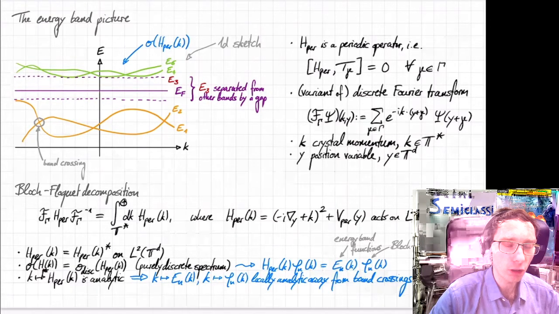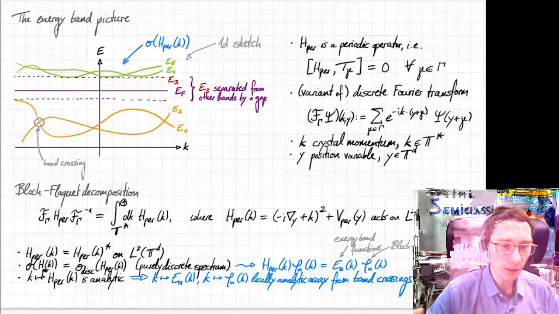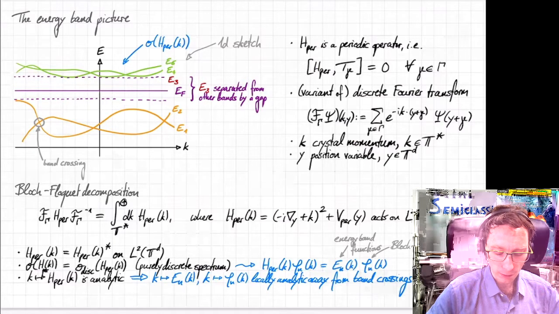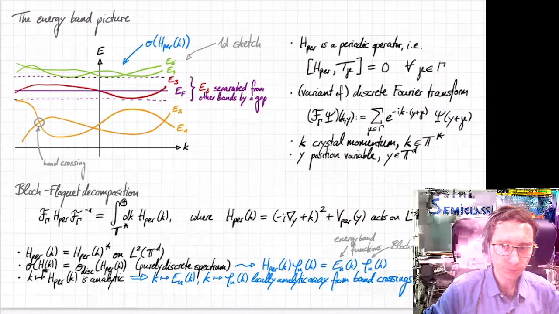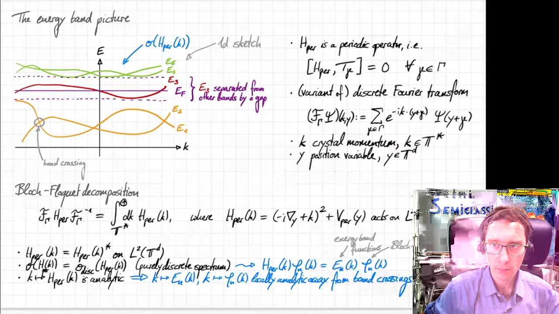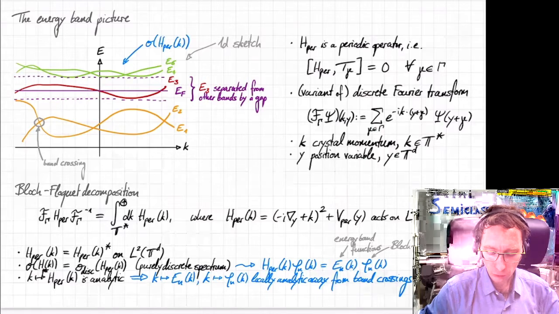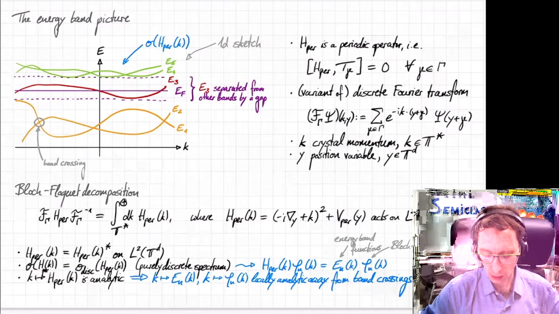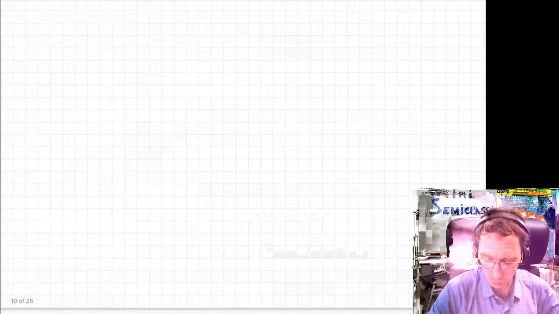Then the Fermi energy lies in a spectral gap, so there's nothing in here, and hence in this situation the medium will be an insulator. So this is an insulator. This is a metal. This gives you a description of the unperturbed system. Let's go to the perturbed system.